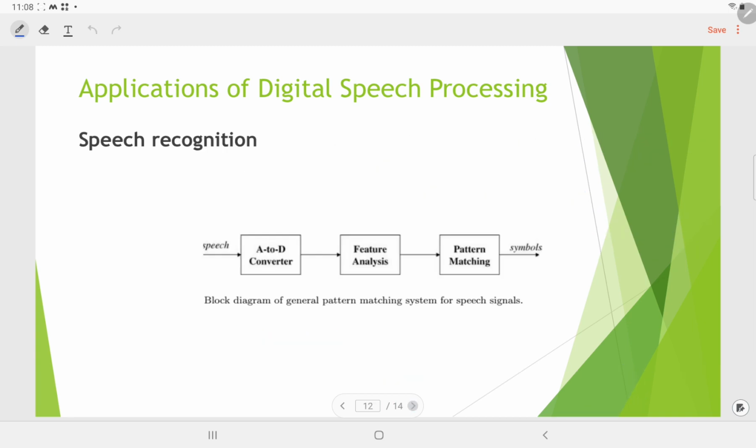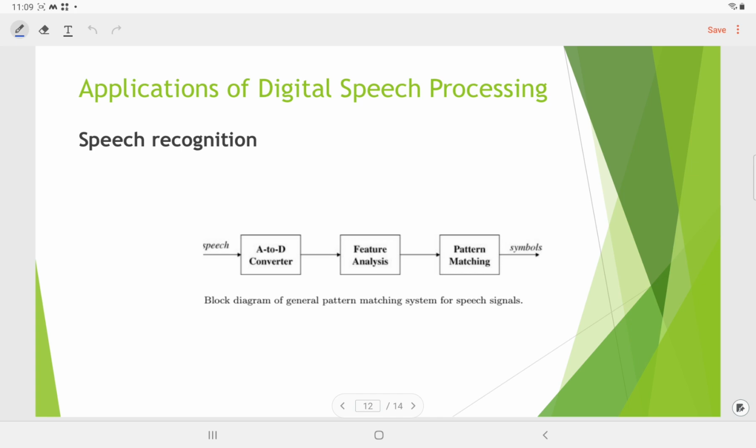Then the next kind of application is speech recognition. It is another large class of digital speech processing application which is concerned with automatic extraction of information from a speech signal.